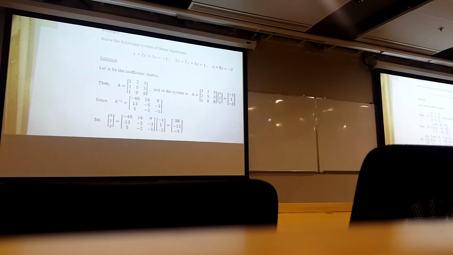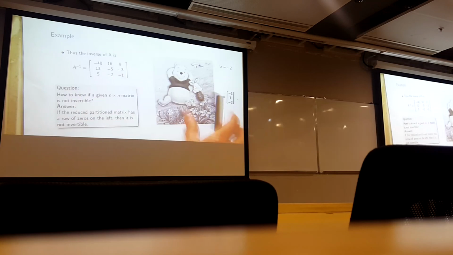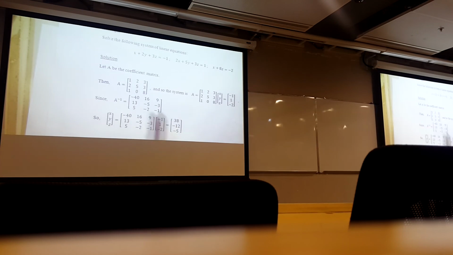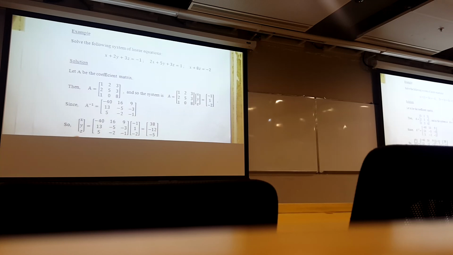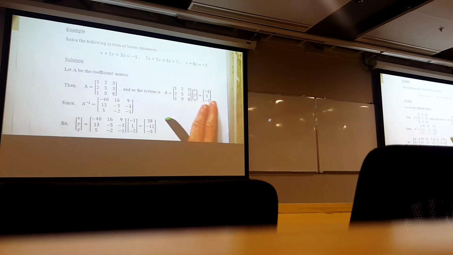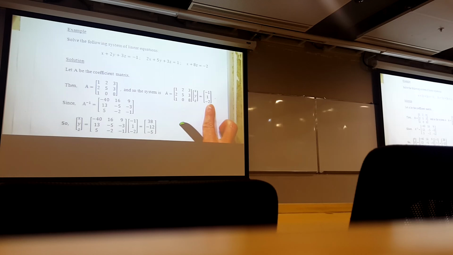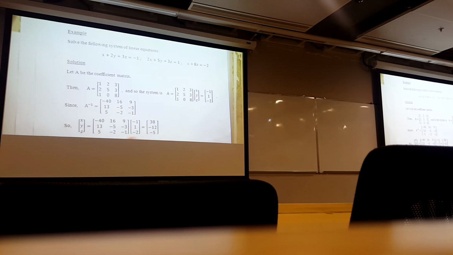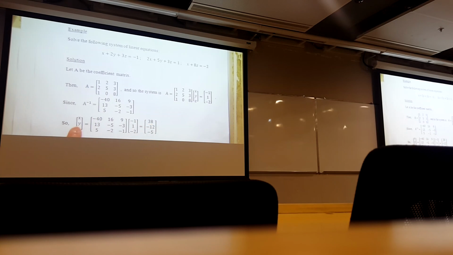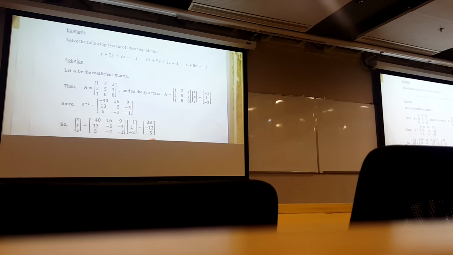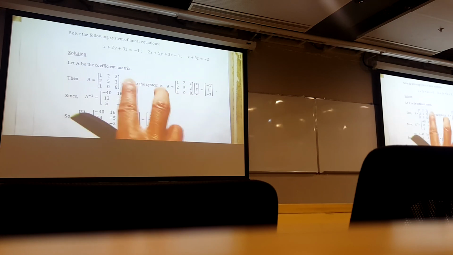And we have found that the inverse is this one. And if we multiply both sides by this inverse, left hand side becomes identity. Identity times this one is this one. Right hand side, we multiply the inverse to the constant, we get this. And so, this is the solution. x equals 38, y equals minus 12, z equals minus 5. This is by using the inverse.